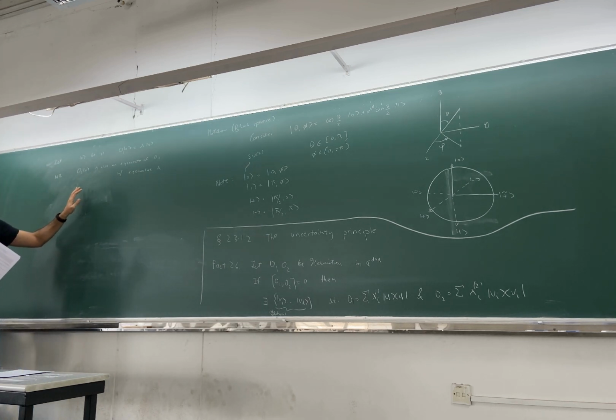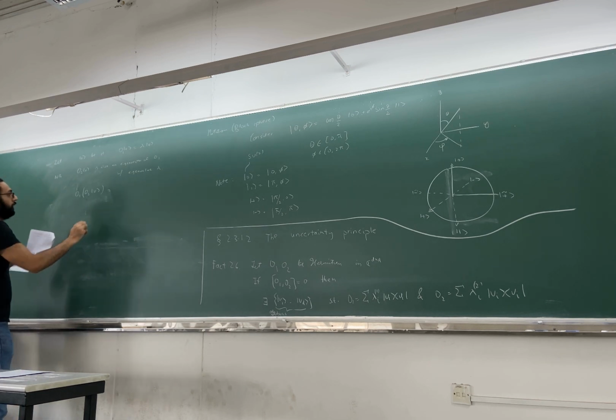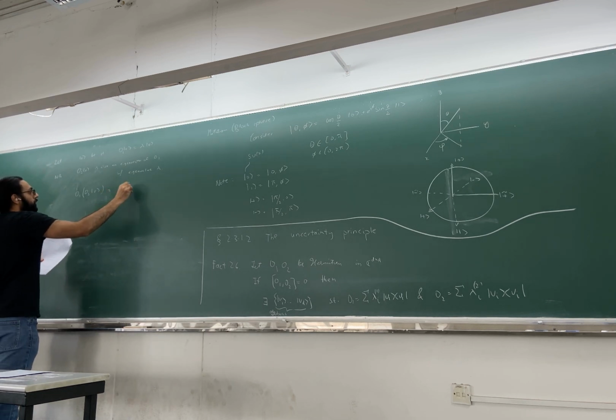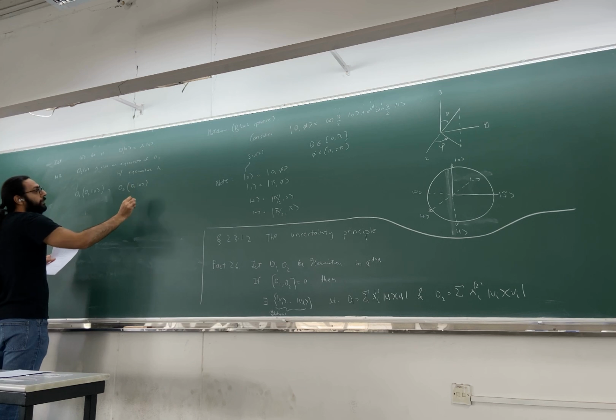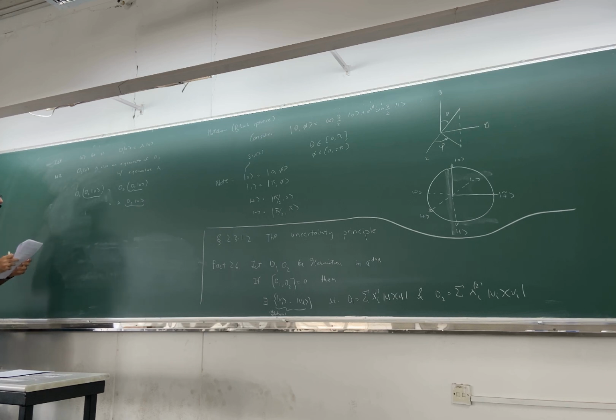So why is that? We start with O2 V and act with O1, and because O1 and O2 commute by the hypothesis, we can write this as O2 O1 V, and this we know is already lambda times O2 V, right? So this thing is an eigenvector with eigenvalue lambda, which is what we wanted to prove.